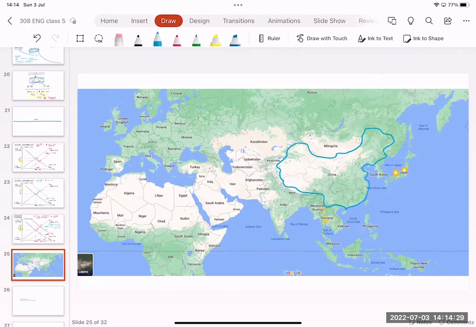So right now, in modern times, China wants to build the Silk Road again, to build a way of trading with Europe again.